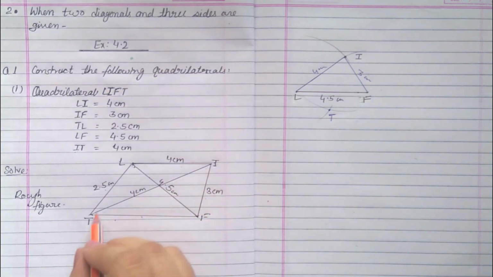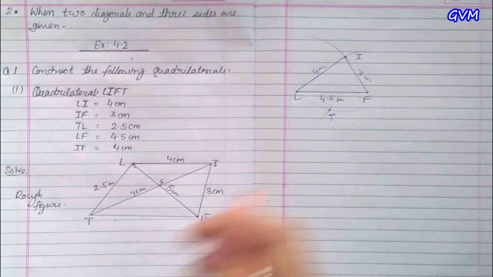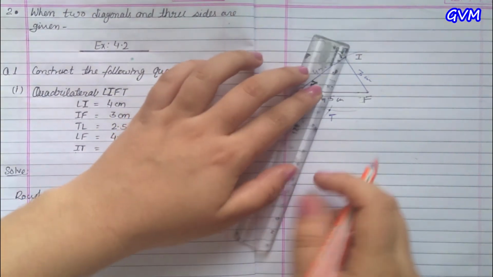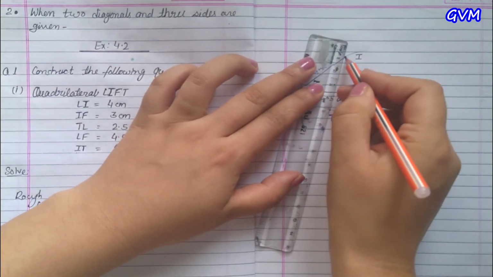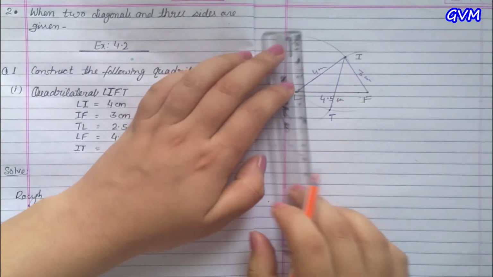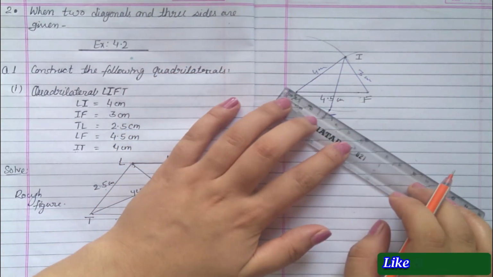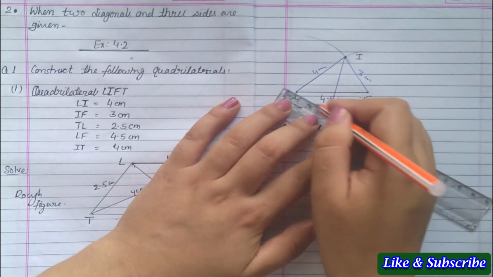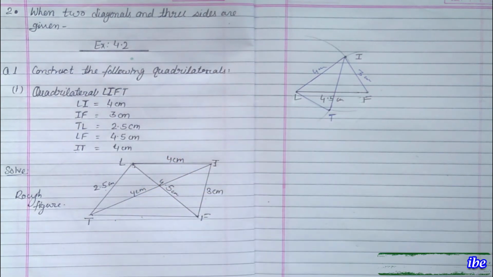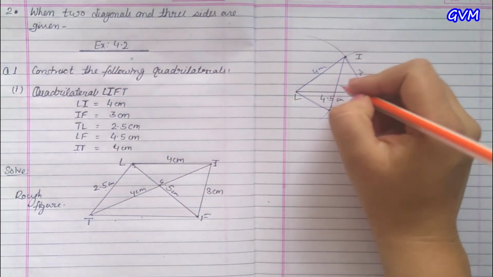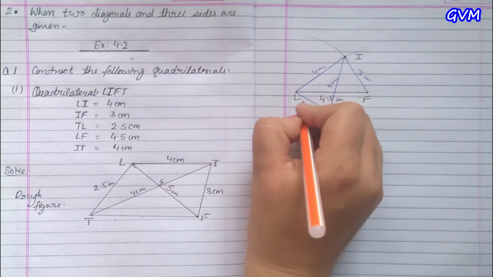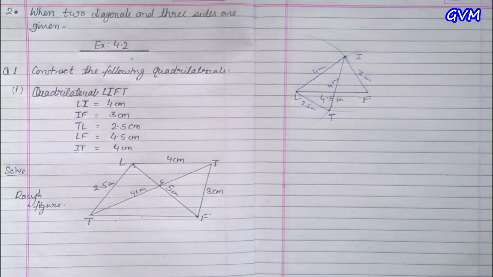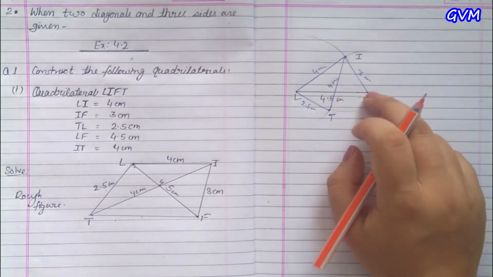We have made these two lines. Now join IT and LT. This is 4 centimeter and this is 2.5 centimeter. Now we are left with this side.